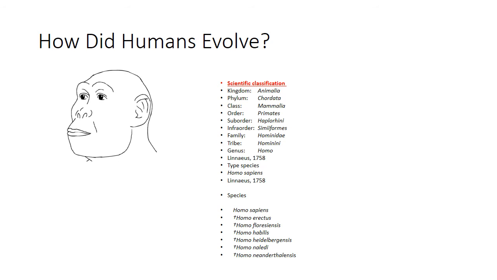Within this order, there is a suborder called Haplorhini. Rhinus is nose in Latin, so Haplorhini means basically one nose. Yes, there are primates that have split noses, more than one nose by appearance.